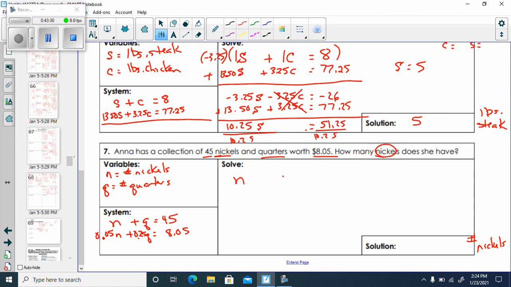We've got N plus Q, that's the number of nickels plus number of quarters, is equal to 45. 0.05, that's what a nickel's worth, 5 cents, times the number of nickels gives you your value in nickels. 0.25 times the number of quarters gives you your value in quarters. And that gives you 8.05.